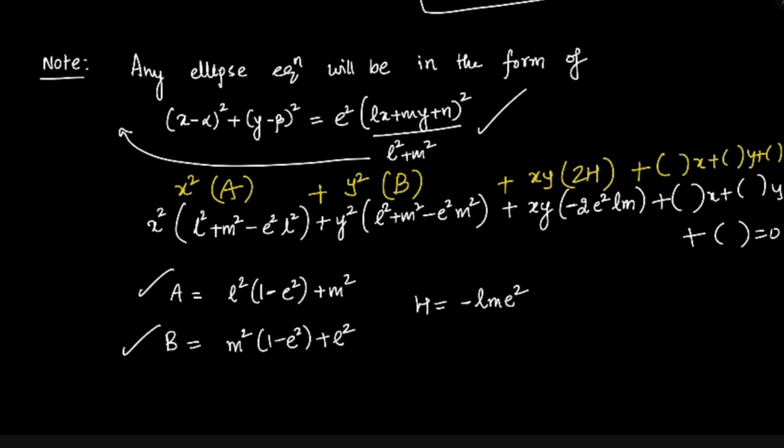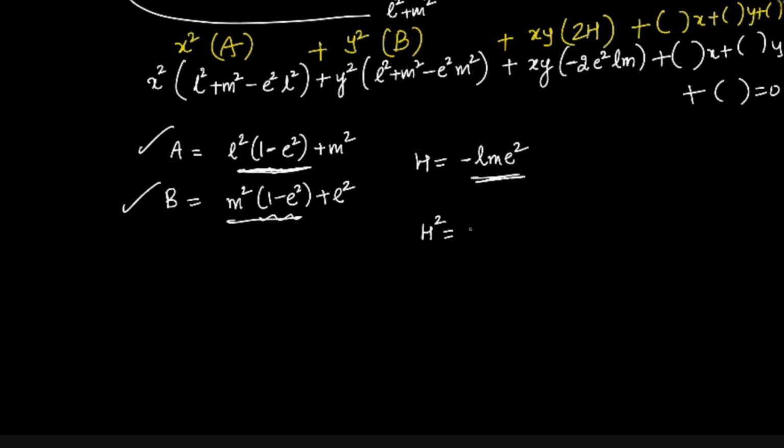In case of parabola, what has happened? You put e value 1, so this part is becoming 0, and this is L minus lm. So in case of parabola, we got h square is equal to a into b. Parabola means we put e value 1. What is h square? L square m square e power 4.